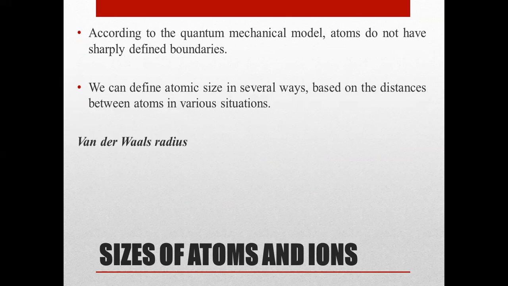What is the van der Waals radius telling us? The van der Waals radius refers to the non-bonding atomic radius. I can show you a picture. This is one atom, this is another one, and you can see this distance.